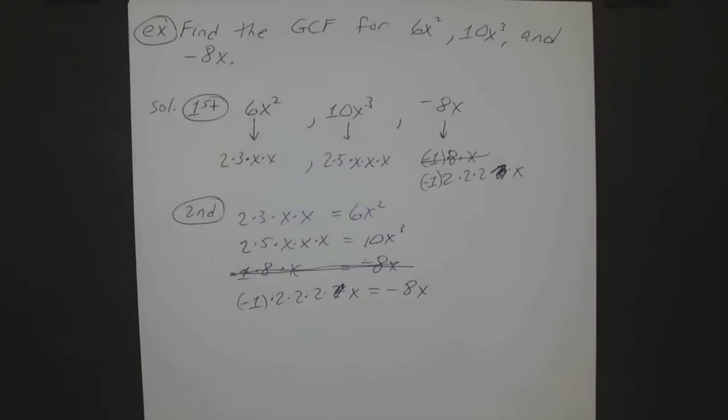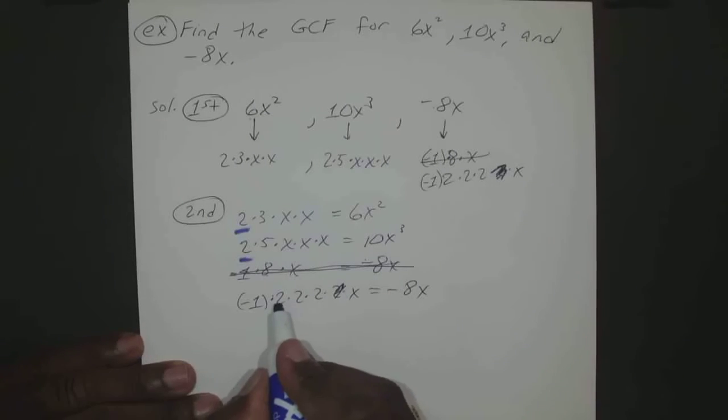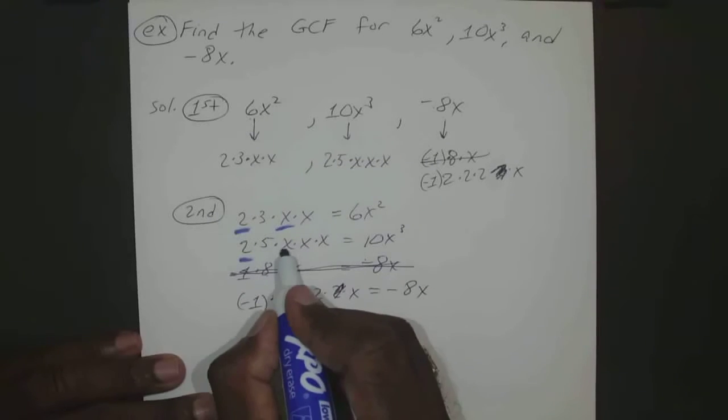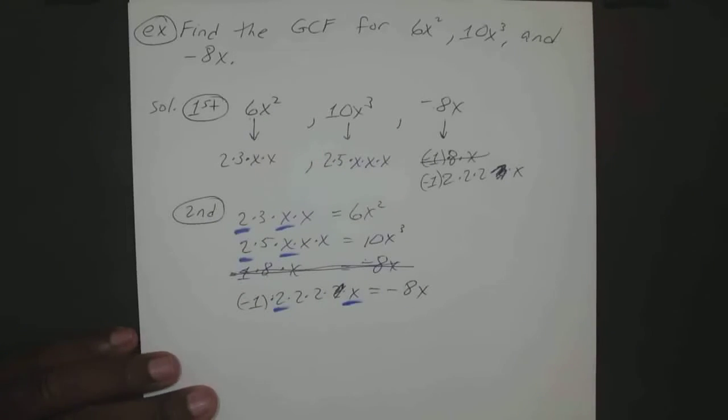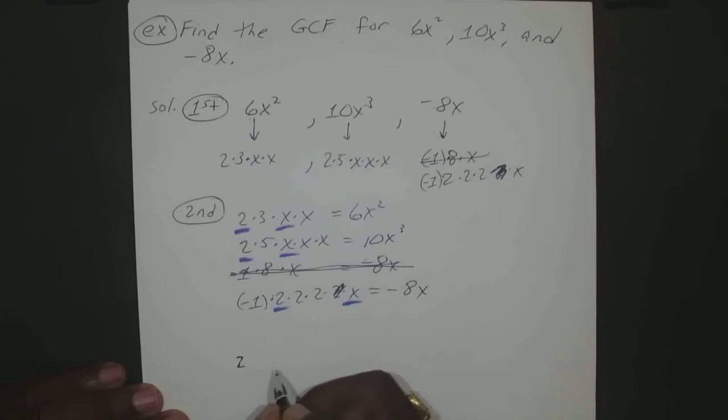Okay, so if you notice, each one has a 2 in common. And also each one has an x in common. Okay, so all the ones in common, you're just going to pull out to the front. So you have a 2 and you have an x.